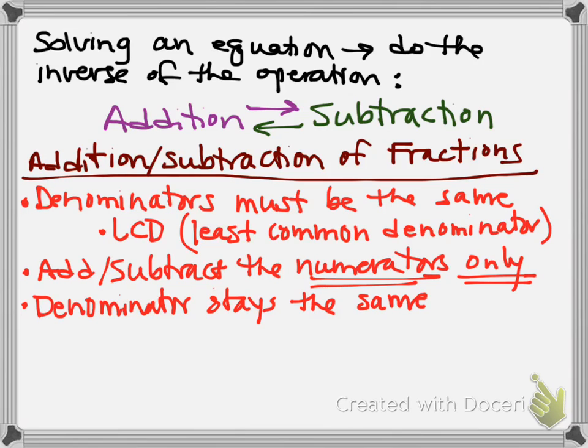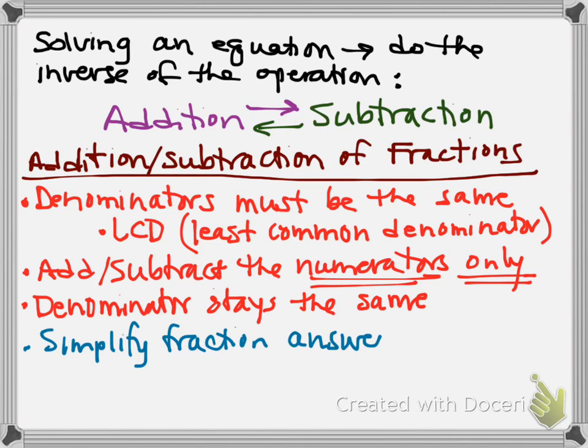What's the only other thing we may have to deal with when we're working with fractions after we do math with them? What's the other thing that we have to look out for? Simplify the fraction answer if possible. And by simplify, that means dividing by the common factor.